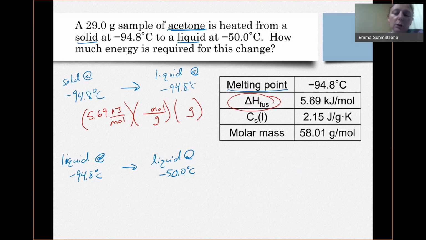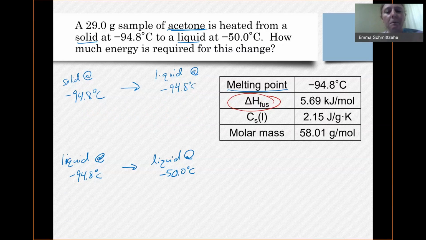Now, if that's confusing, you can write it like the regular equation, which I'll go ahead and do in case that doesn't make sense to you. So remember, for a phase change, it's basically just Q equals n delta H. And so my moles I get from my grams. So I take my 29 grams and I need to convert that to moles.